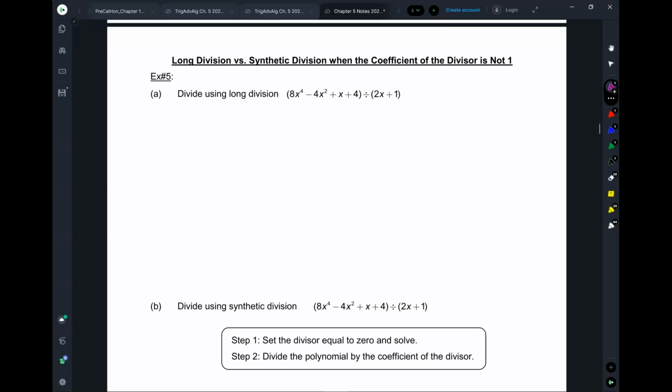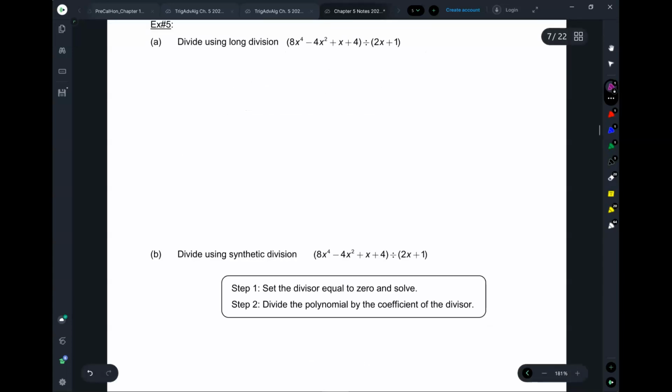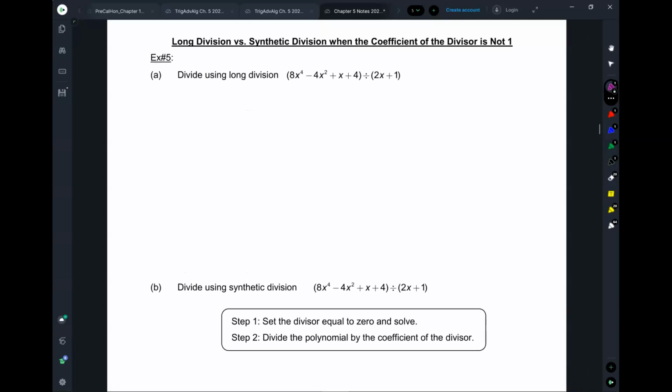Okay, now let's see how synthetic division compares with long division. Ready? All right. So we're going to divide this using long division. 2x plus 1 goes out here, and then this gigantic f of x is going to go over there. Now look. Here too, I've got an x to the 4 missing an x cubed.